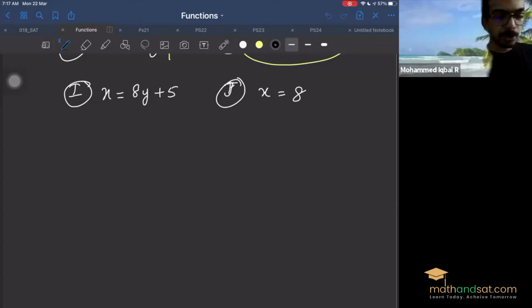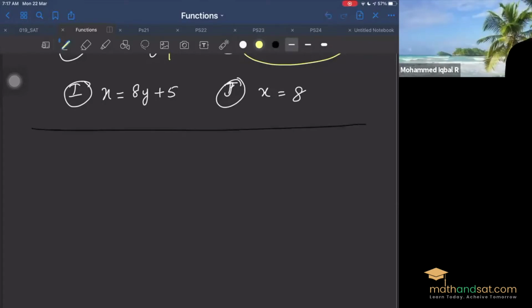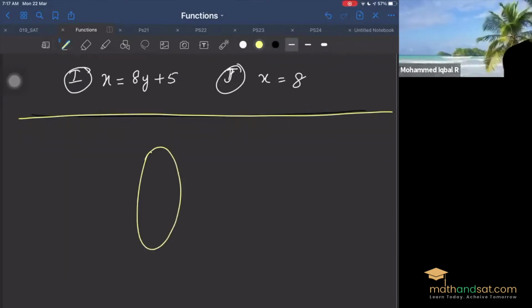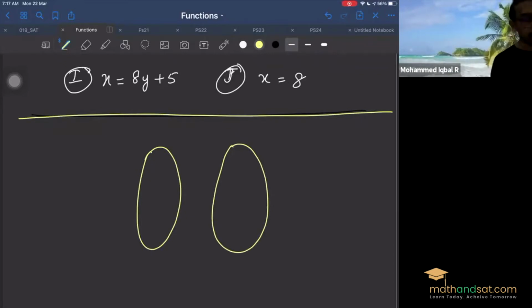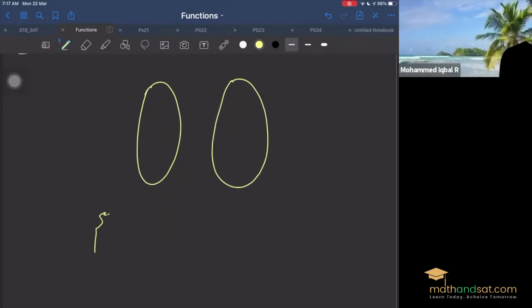In the previous class, we saw different ways of representing a linear function. One way is using a mapping diagram, where you have numbers which are mapped to another set of numbers. Another way is to represent them as a set of ordered pairs.